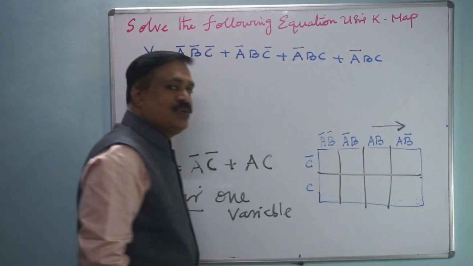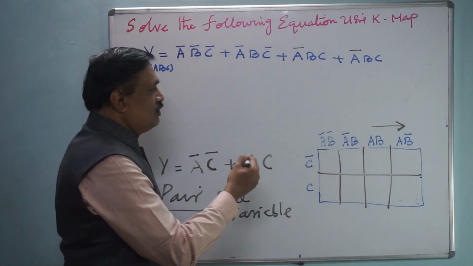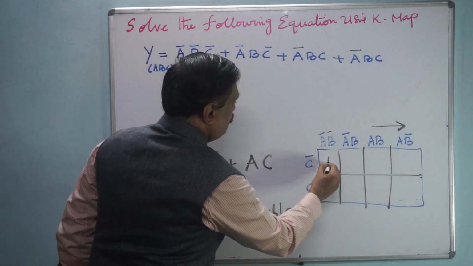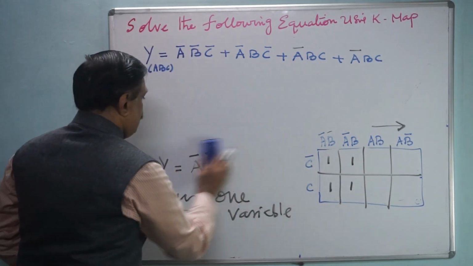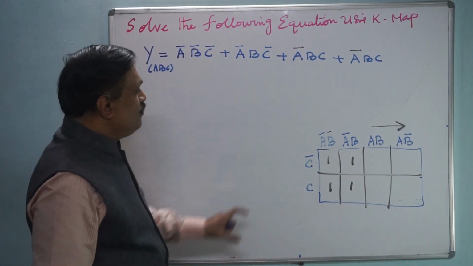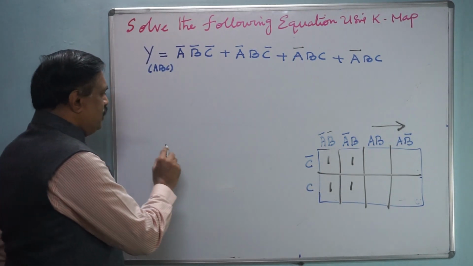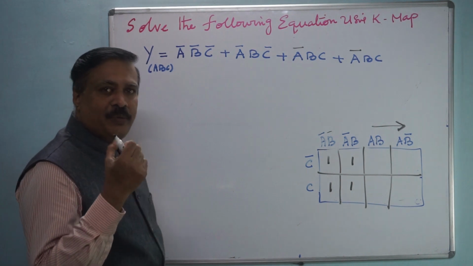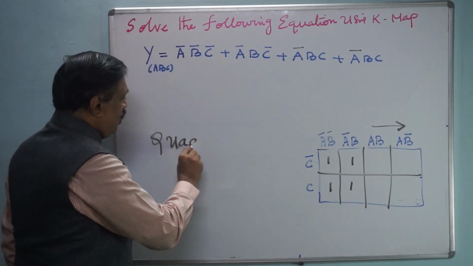Now I have changed the equation. Now I have to fill this. Here this is there, this is there, this is there, this is there. The 4 terms are there. Now I have filled all the 4 ones. If 2 ones are there, we can form a pair. If 4 ones are there, we have to go for a quad.